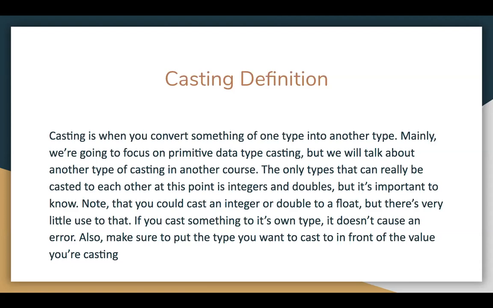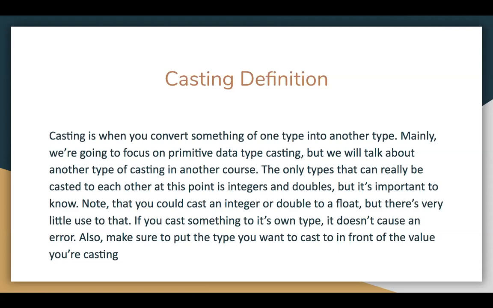So today, mainly we're just going to focus on primitive data type casting, which just means casting ints, doubles, that kind of stuff. But we'll talk about another type of casting in another course. To be specific, next course, if you're there for it, that is.